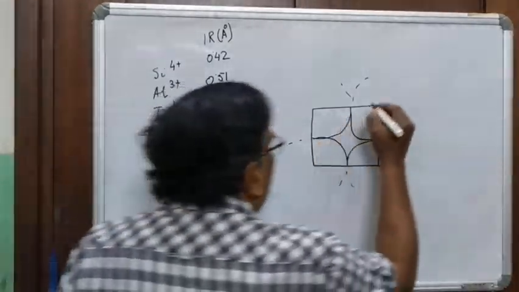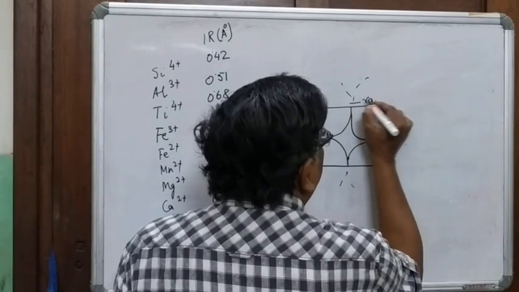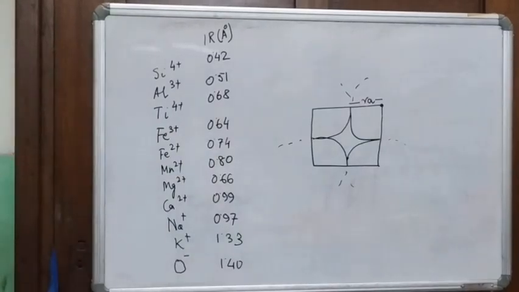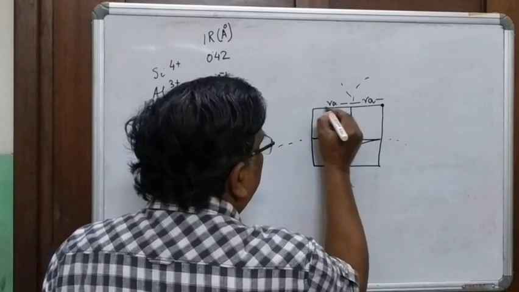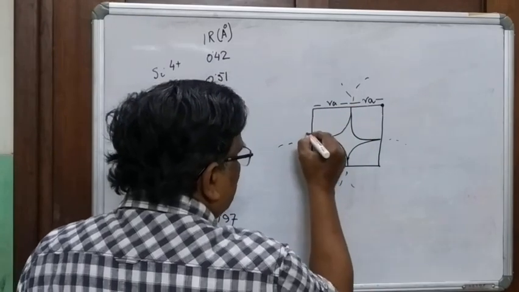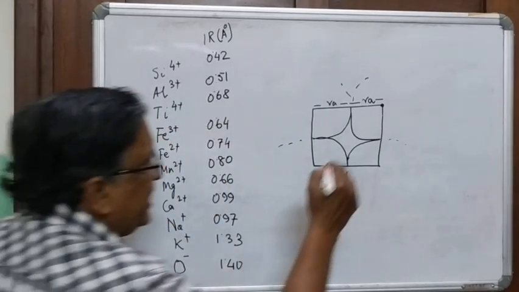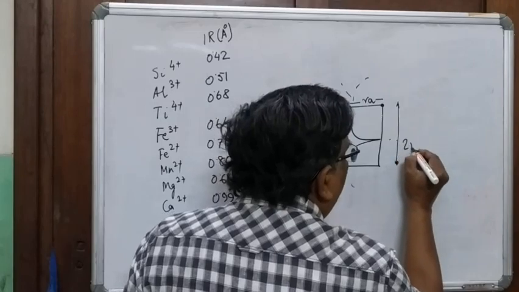We name this distance RA, the radius of the anion. Similarly, this is also RA, and this is also RA, so all of them are RA. Each side here is 2RA.